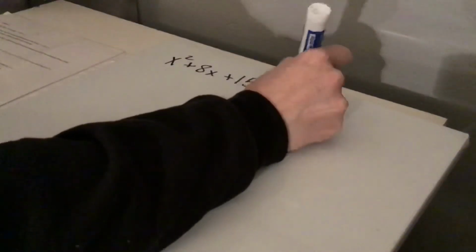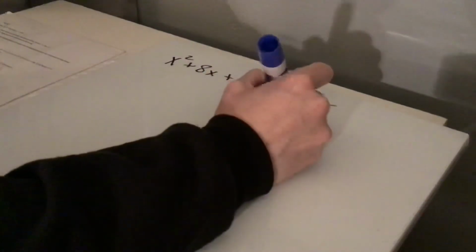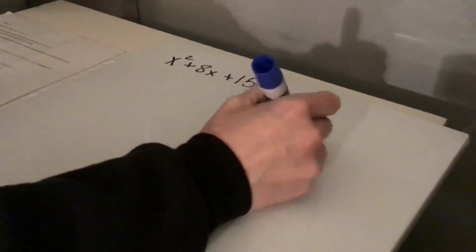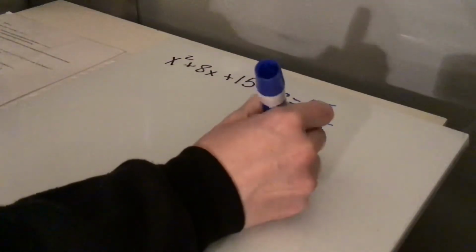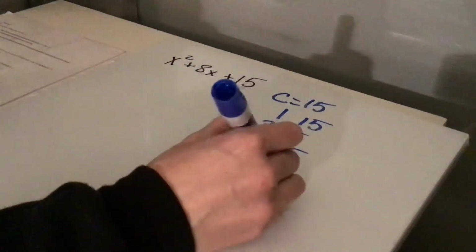So that's what our value of c is. So start by listing all the factors of your constant. So it's positive 15, so we can do 1 times 15, 3 times 5, negative 1 times negative 15, and negative 3 times negative 5. Okay, those are our factors of our constant.